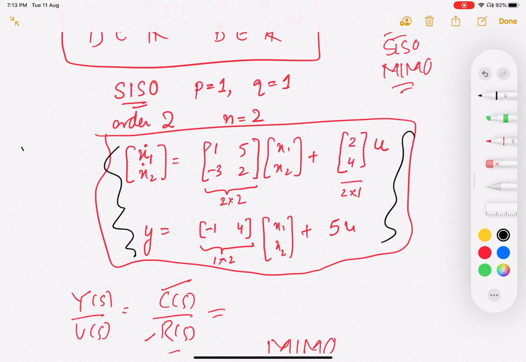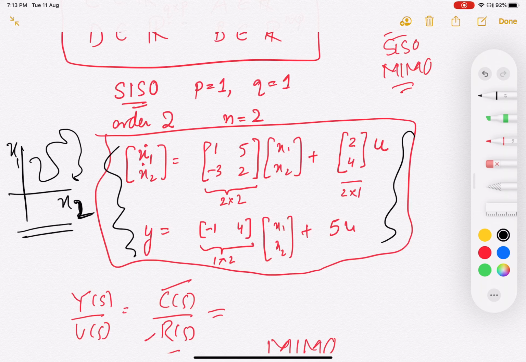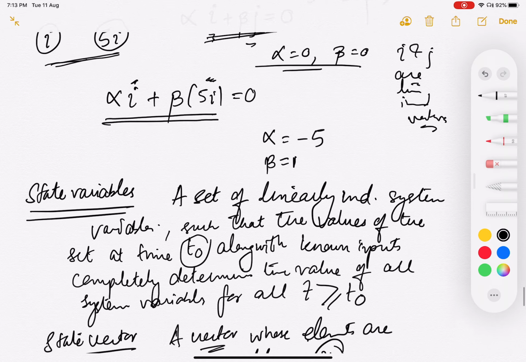If you could plot x1 on the x-axis and x2 on the y-axis, and plot the values of x1 and x2, you could show the evolution of the variables of the system in a two-dimensional space. So this space would be called the state space, right?